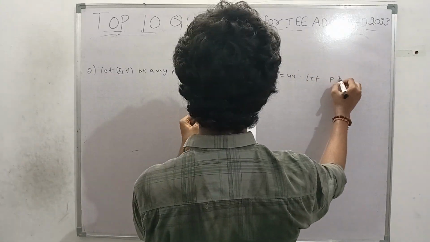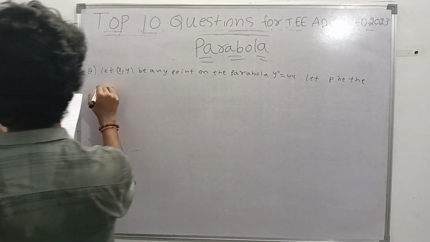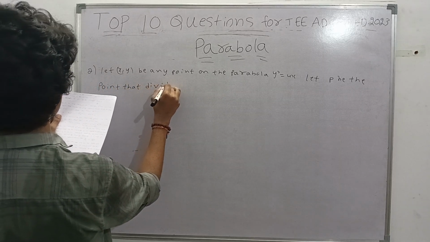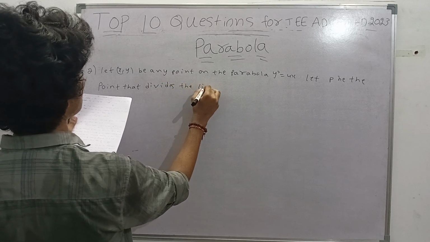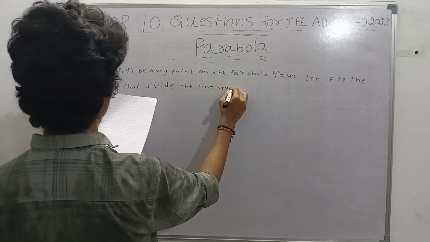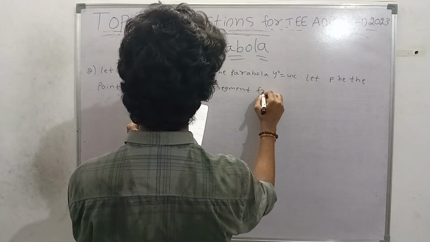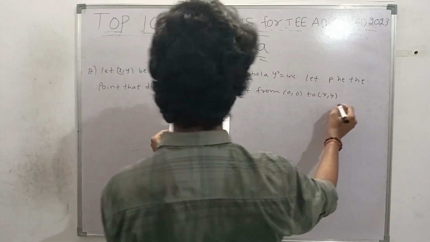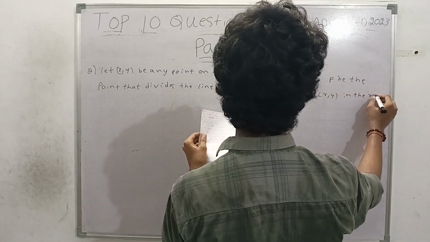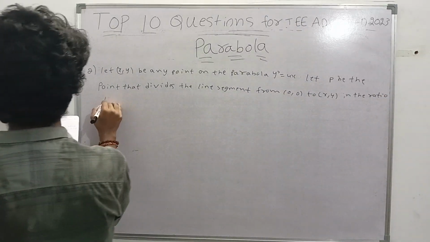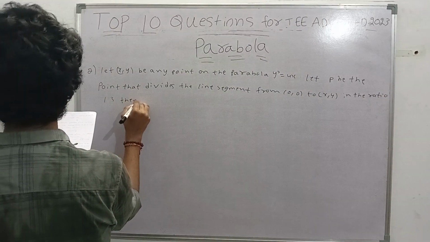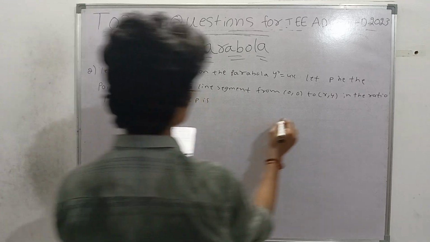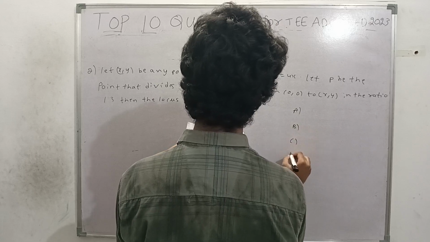Let P be the point that divides the line segment from (0, 0) to (x, y) in the ratio 1:3. Then the locus of P is option A, option B, option C, option D.